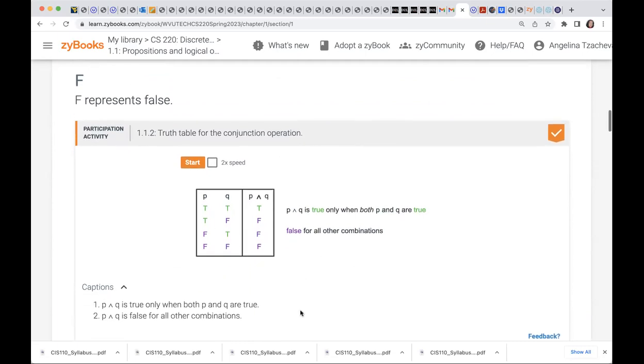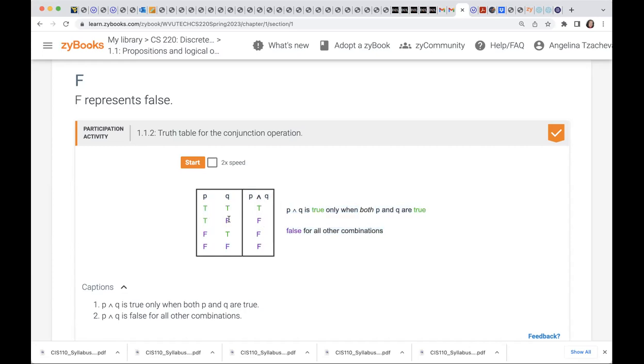So such as over here, P, Q. P is true, Q is true. P and Q together are going to be true as well. Now, if those were to have different values, let's say P is true, but Q is false, then P and Q together are going to be false.